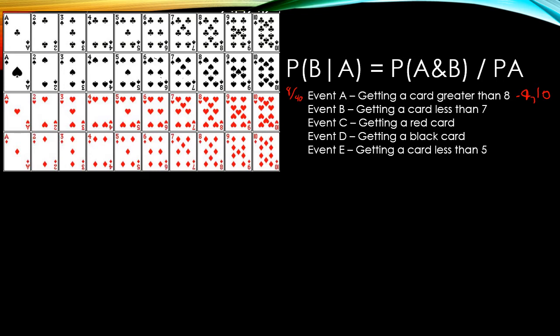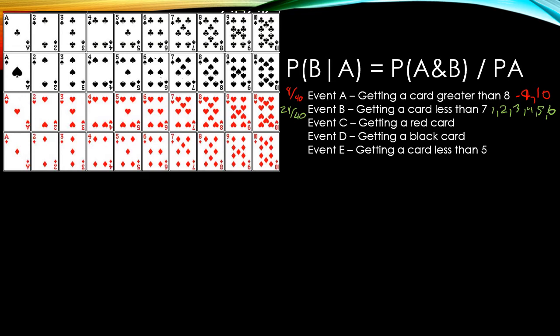A card less than 7 is going to be 1, 2, 3, 4, 5, and 6, but not 7, so just less than 7. That gives us 6 options, repeated in each set, so 24 out of 40. That's our odds for event B.